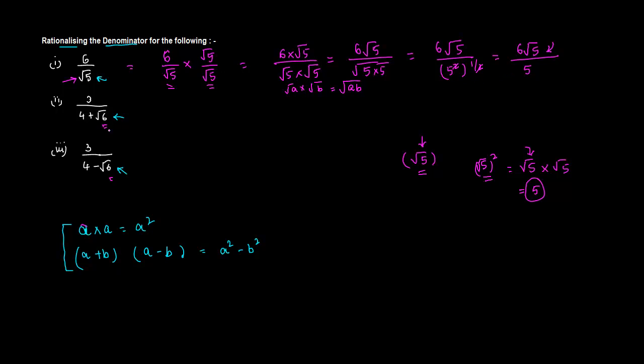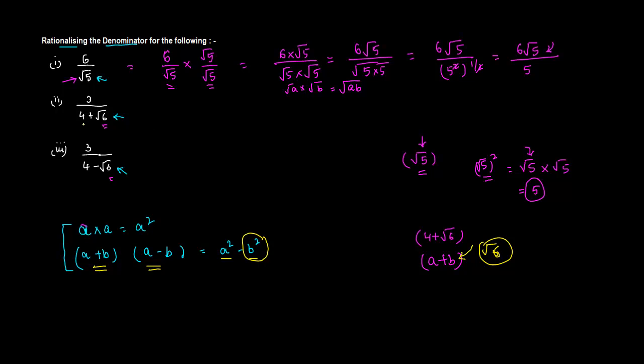Similarly, if you notice in this one, 4 plus root 6 is of the nature a plus b, right? Now in a plus b into a minus b is equal to a square minus b square. Now in our case, this b is a square root number. To convert this, we have to multiply it by another number such that we are able to do the b square.